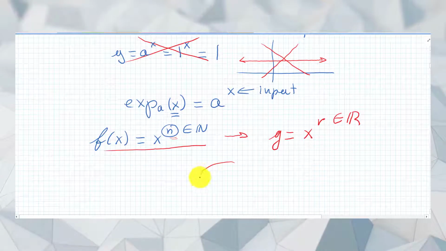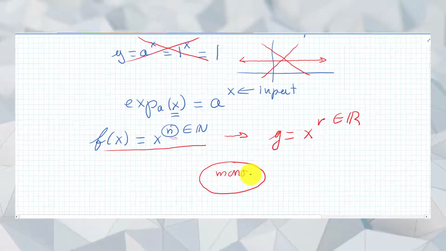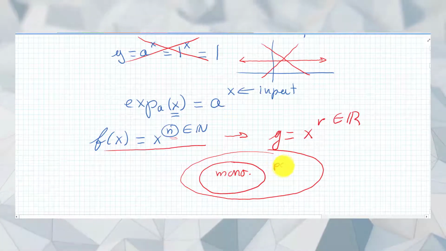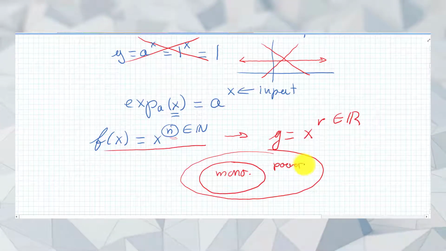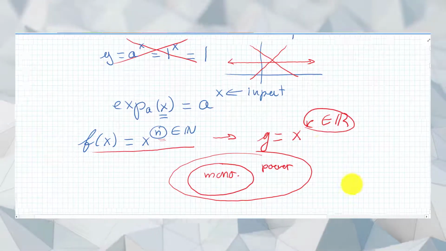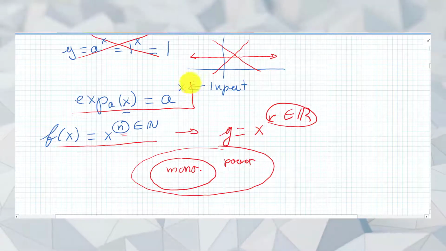Okay? So we have a family of monomial functions right here, and it's included in a broader family of power functions where the exponent is a real number. Now, these power functions are very different than the exponential functions.